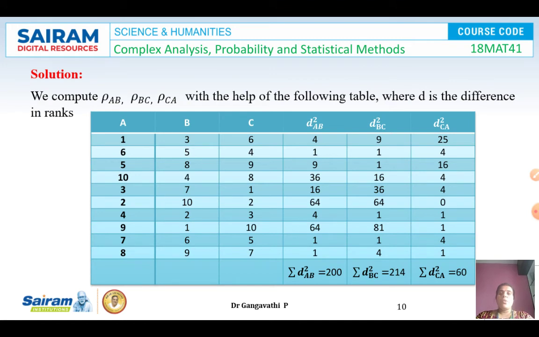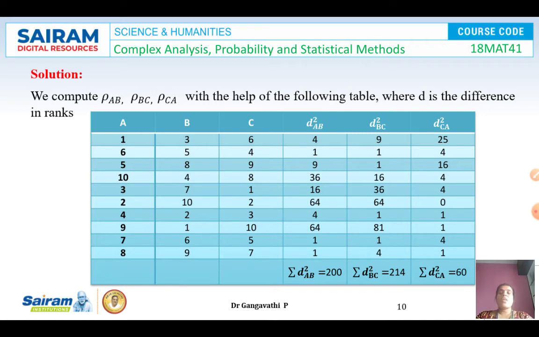So when we do so, we need to compute rho for the ranks of AB, BC and CA, because we are dealing with more than 2 variables. So we need to check which 2 judges have rated them in the nearest way, either AB or BC or CA. So all the possible options we have to take and calculate.